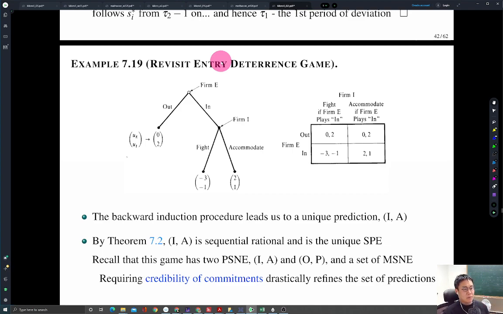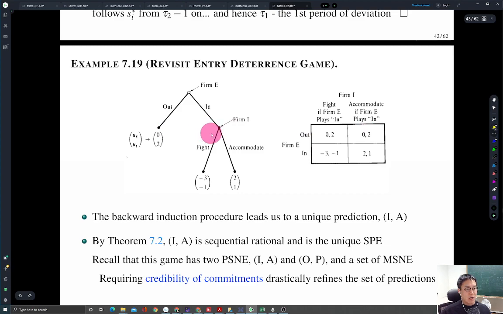So let me finish with this example. If we apply that equivalence theorem to this example, we have several Nash equilibria in this normal form game, right? So we have several predictions about players' behavior on the basis of Nash equilibrium. But if we apply backward induction, because this is a game of perfect information, there is no dashed line.